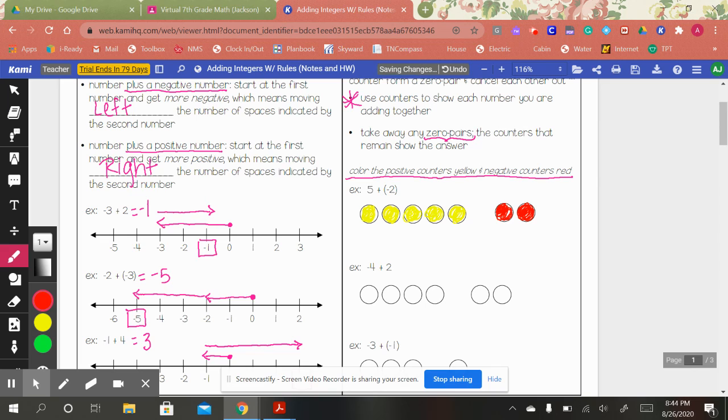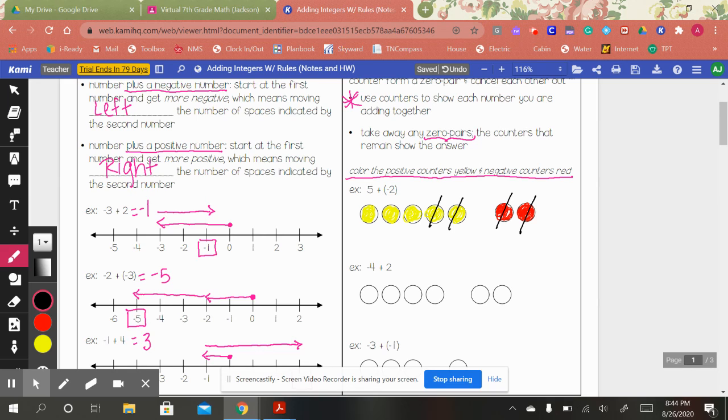Okay, so for this next part, it says take away any 0 pairs. So we do that by Xing out. If I X out a -1, that means I'll have to X out a +1 because then those are the 0 pairs. Them added together will equal 0. I mark out another -1 and I mark out another +1, and that is my second 0 pair.